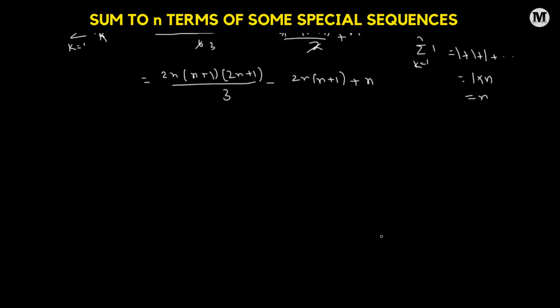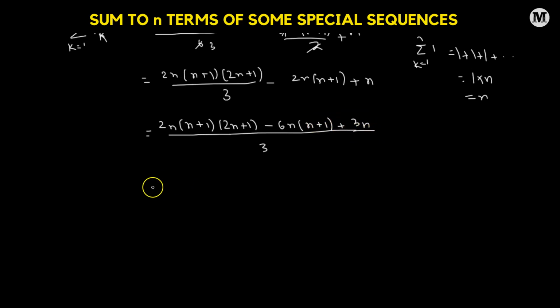Okay, let's further simplify. We're going to take the common denominator, which is 3. So we have 2 times n multiplied to n plus 1 times 2n plus 1, minus 6 times n plus 1, added to 3n.